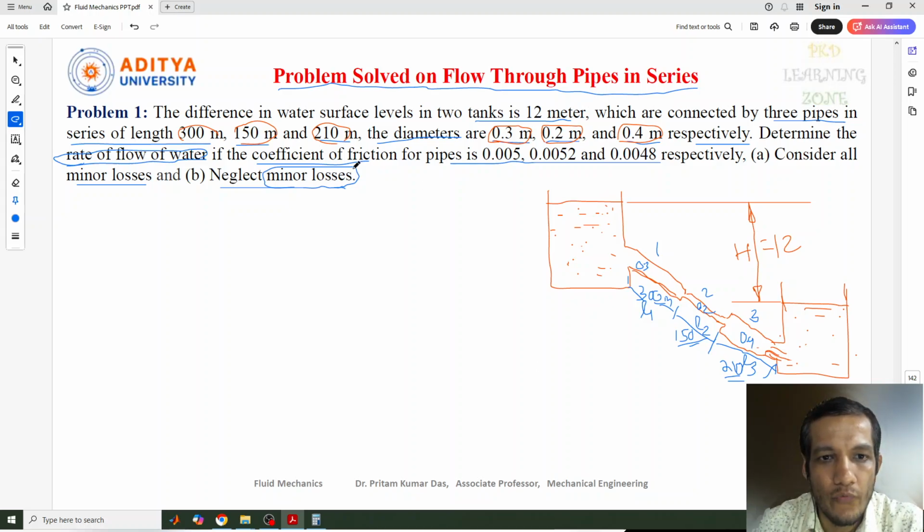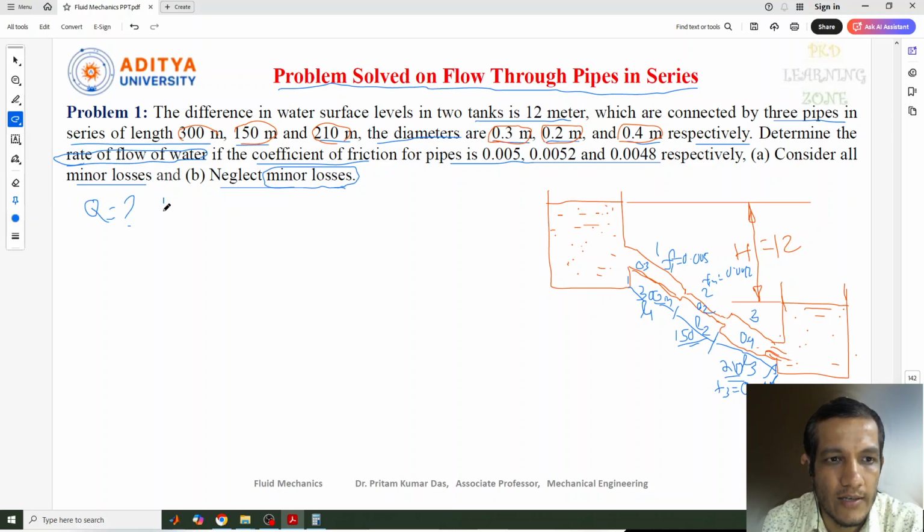And also the coefficient of friction for all pipes: for this one, F1 is 0.005, and F2 equals 0.0052, and F3 equals 0.0048. So all this data is given here, and we need to calculate the rate of flow of water. That means we need to calculate the value of Q.